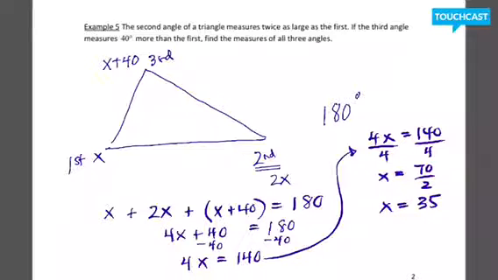So the first angle is 35 degrees. The second angle would be twice that, and the third angle would be 40 degrees more than the first. So our first angle is 35 degrees, our second angle is 70 degrees, and our third angle is 75 degrees.